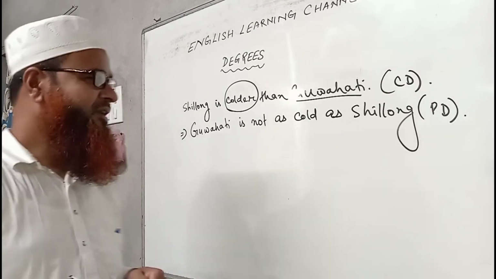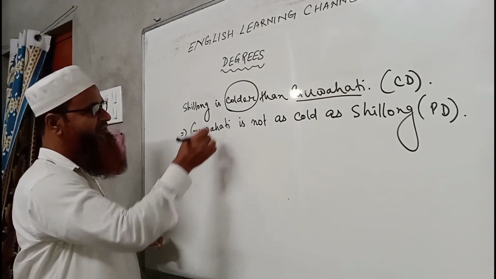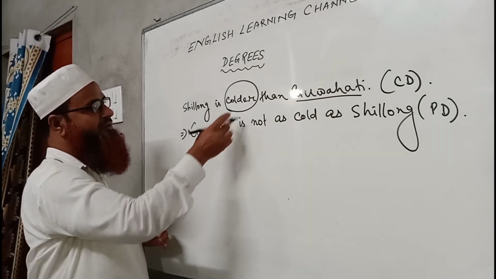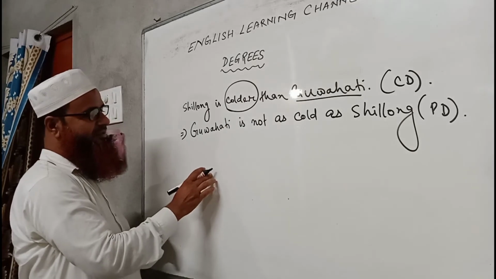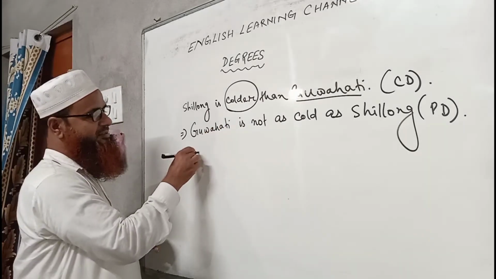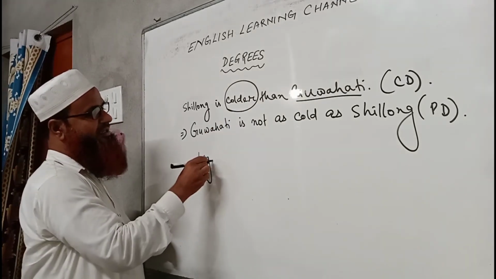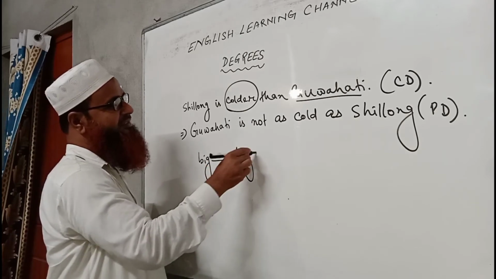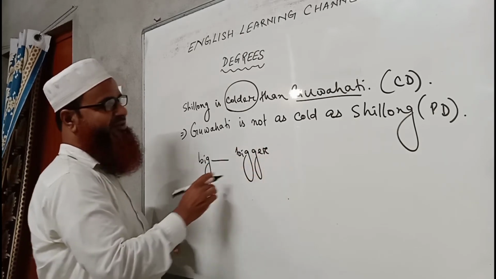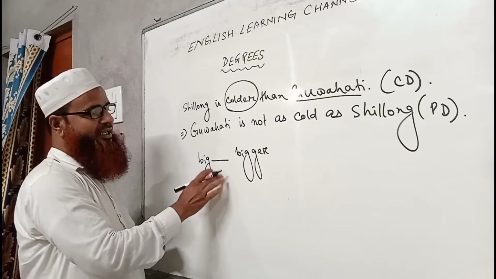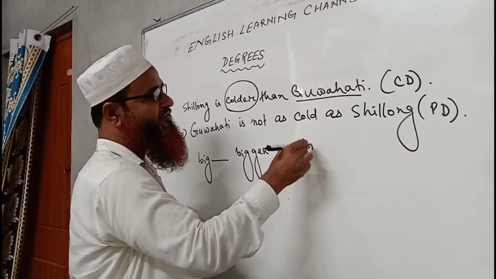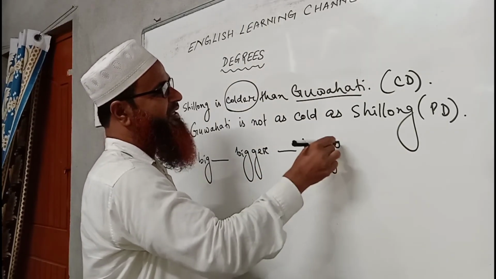So we can write cold, colder, coldest. Then tall, taller, tallest. Big is a very small word having only one syllable, so it will be bigger, and in superlative it will be biggest.